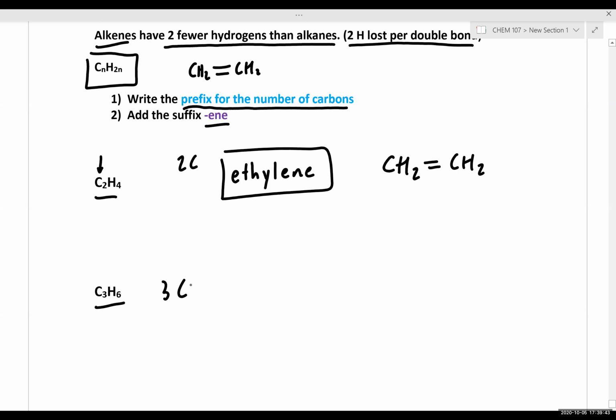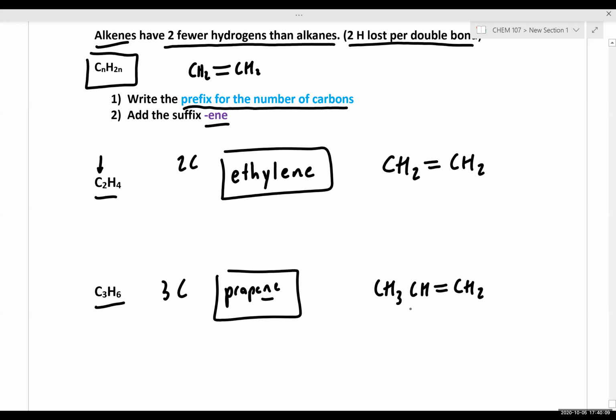C3H6, we have 3 carbons, so that's propene. And propene looks something like this.